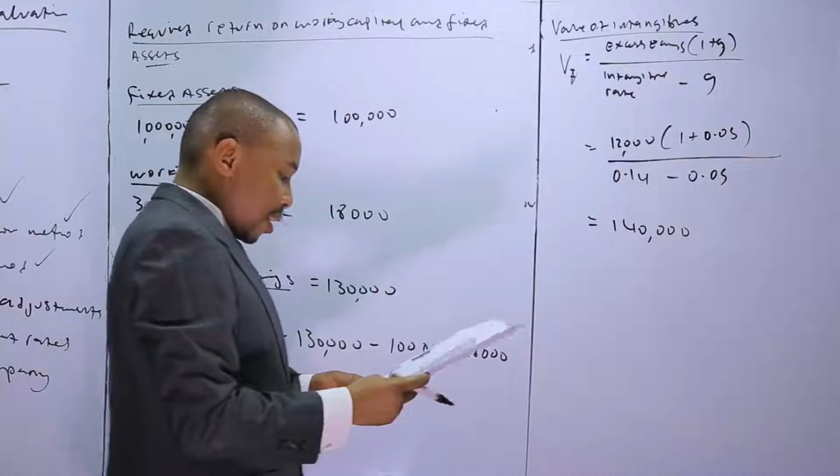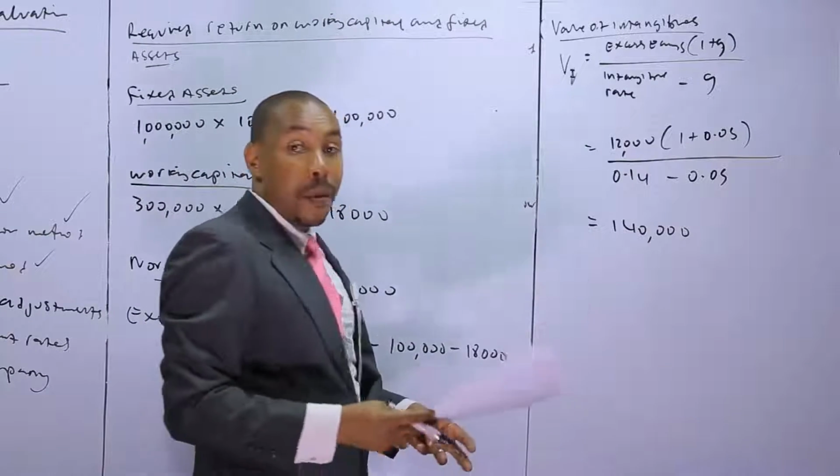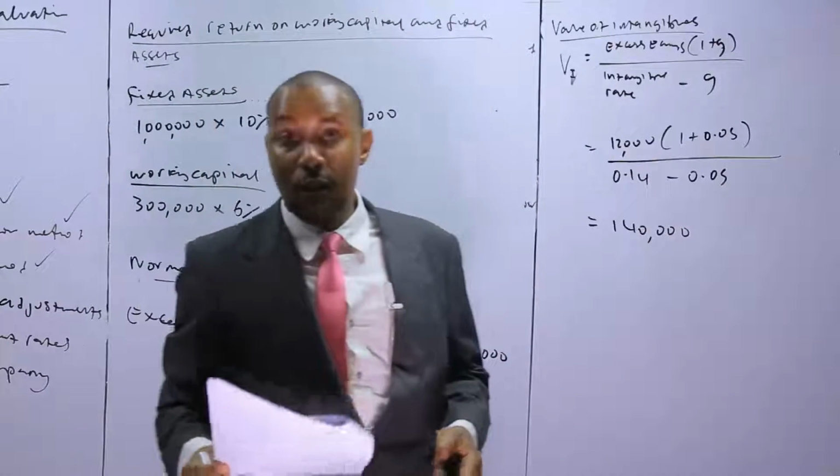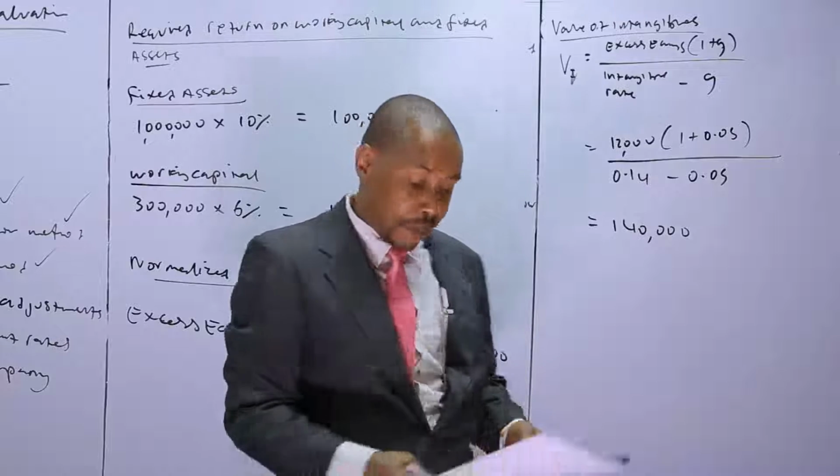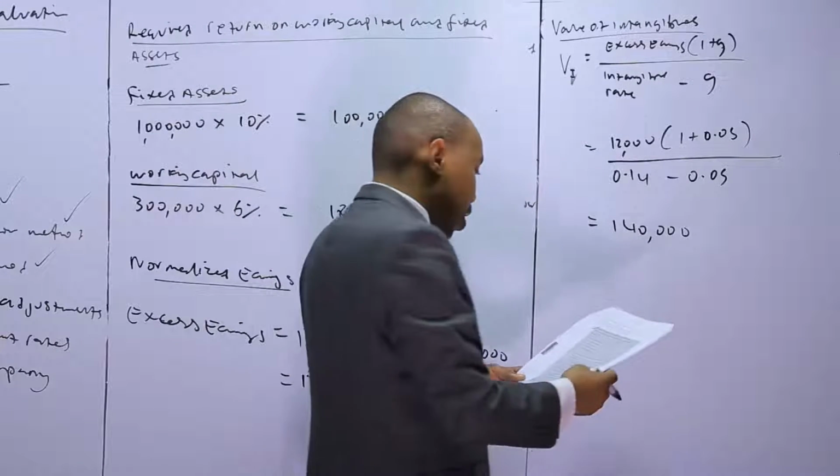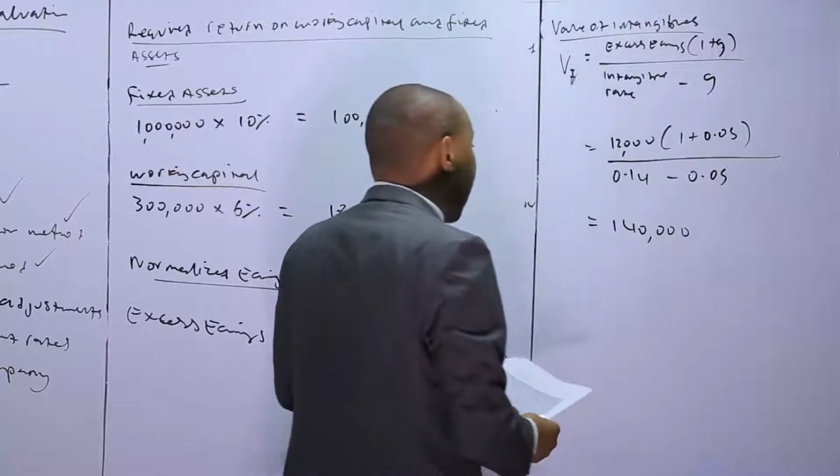Now we get the value of the firm. Remember, we're trying to determine the value of the private company firm. The value of the firm will now be, we add the working capital component.